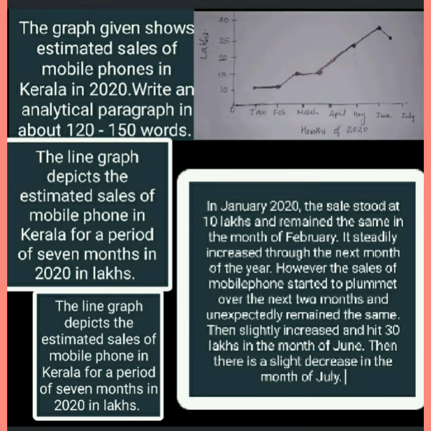Then there is a slight decrease in the month of July. Overall, the estimated sales of mobile phones have increased in 2020. The sales were the highest in the month of June and lowest in the months of January and February. There is a slight decline in the month of July.